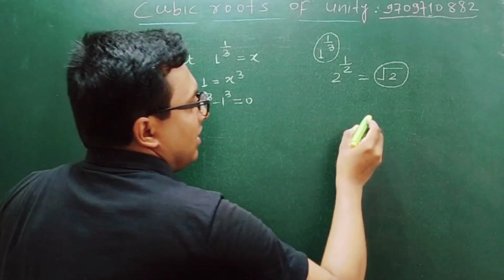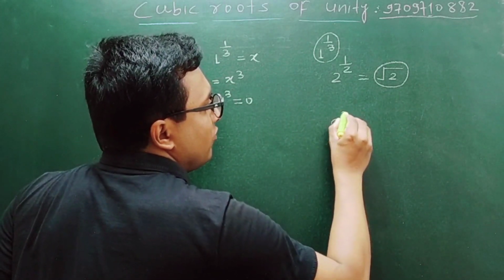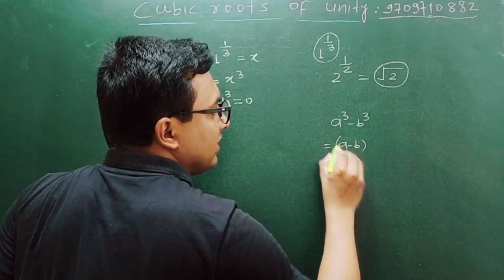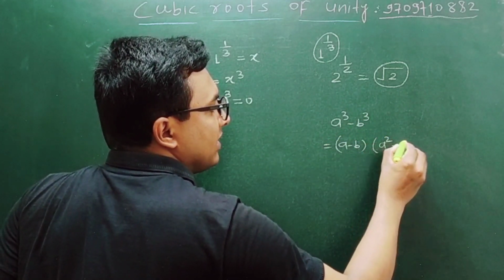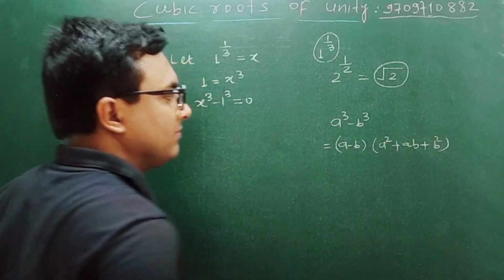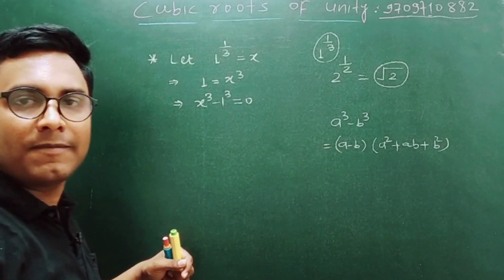We know a formula: a cube minus b cube is equal to (a minus b) into (a square plus ab plus b square). You know this formula.